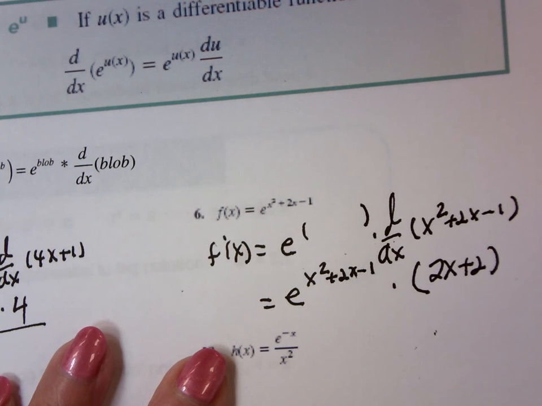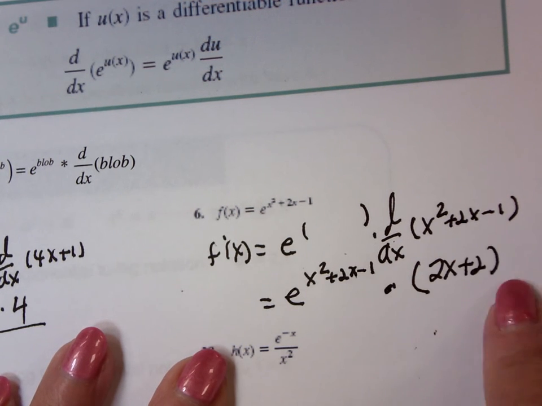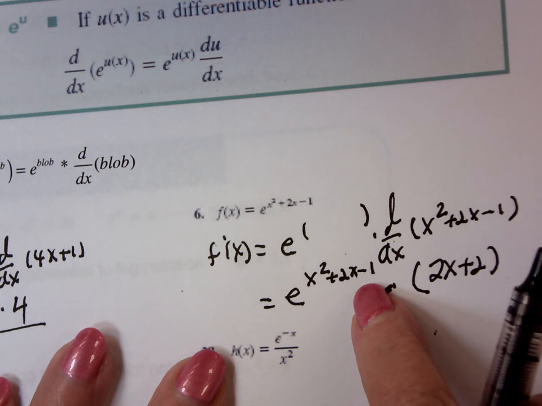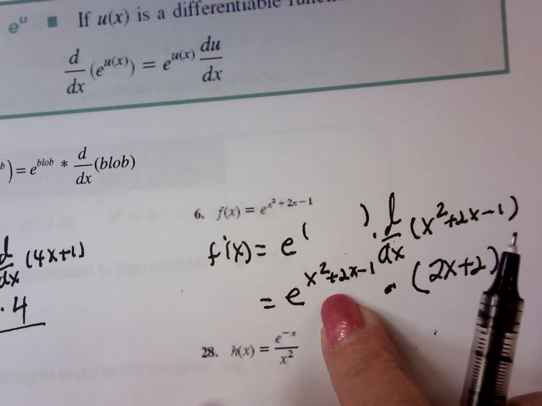Do you know what the coolest thing about this is? Is e to the x ever 0? No. Who's the only thing in this mess that can ever be 0? This guy's never going to be 0. Now, can that blob be 0? The answer ends up being yes.